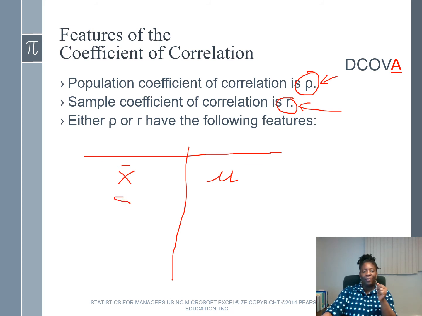Sample standard deviation is S, population standard deviation is sigma. Sample variance is S squared. Population variance is sigma squared. Now we've got correlation, and that's rho. And sample correlation is called R.